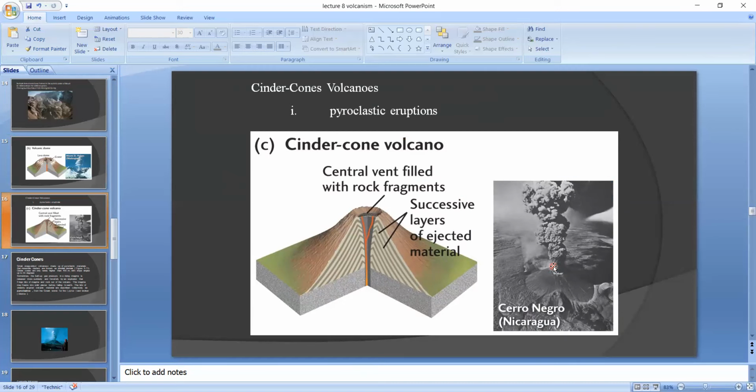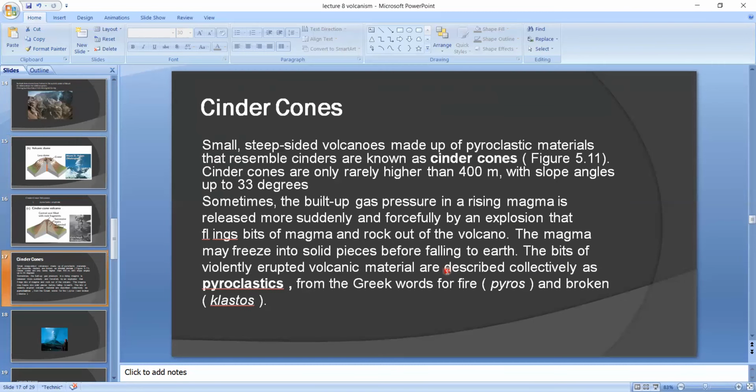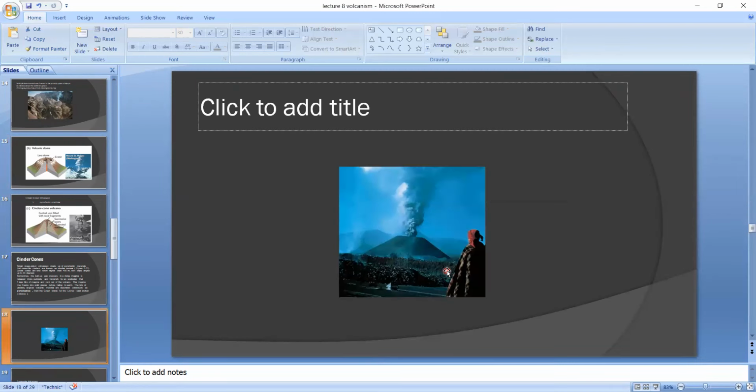Another type is cinder cone volcano. So these volcanoes also erupt some solid material. Solid materials are called pyroclastic material, and this volcano is steep sided, very steep. You see from this picture, these are steep sides.